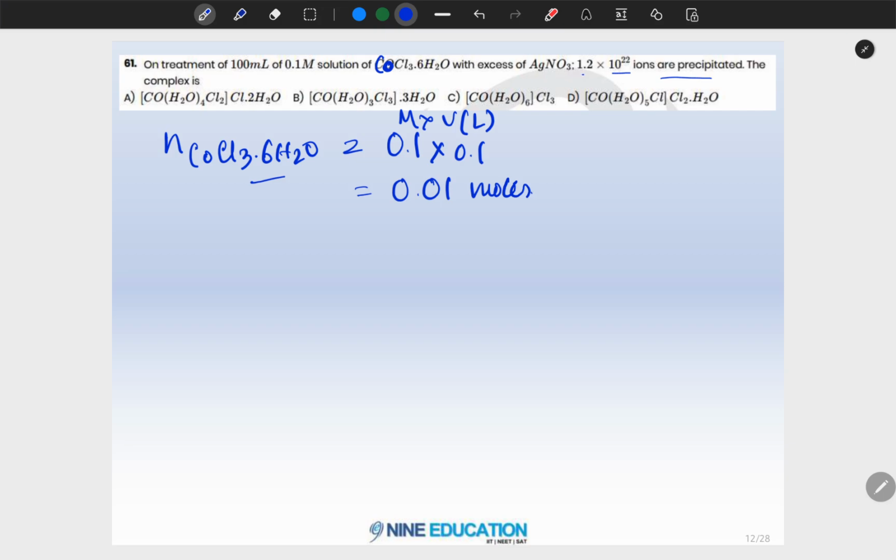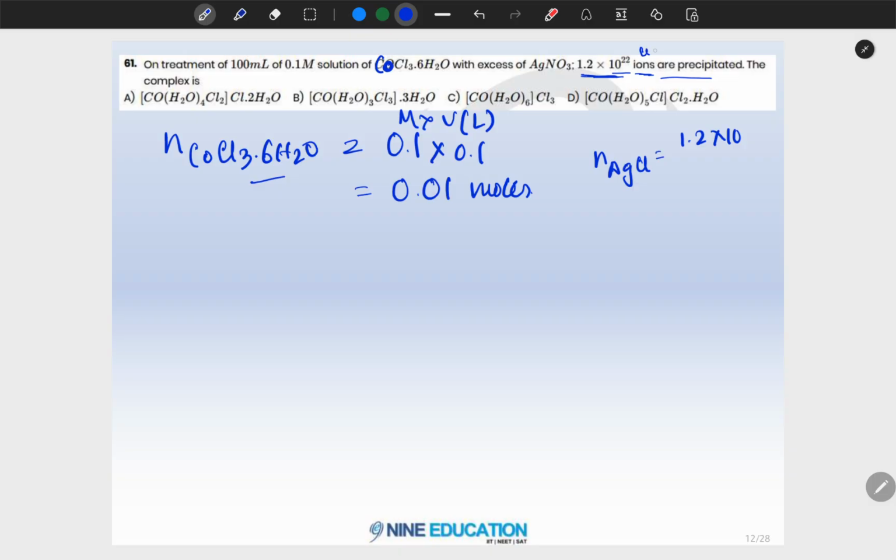Now let's check how many moles of precipitate we are getting over here. So number of moles of precipitate will be equal to the given number of particles, 1.2 × 10^22 ions are precipitated.